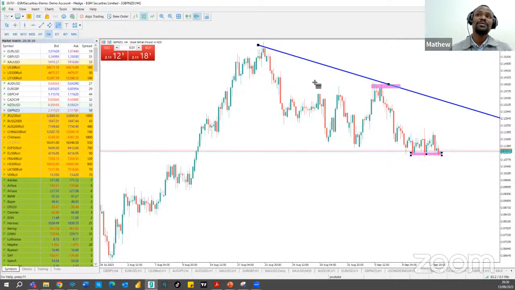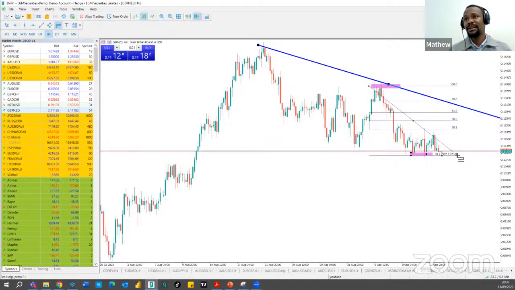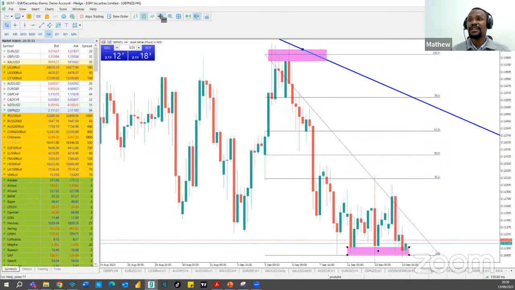You need to take the Fibonacci, pull it from the upside to the downside up to that level. And what you see is actually there's a point where it touched that 38.2. If I zoom, there's a point where it touched that 38.2 and went to the downside. But it has not been able to break this level to the downside, right?